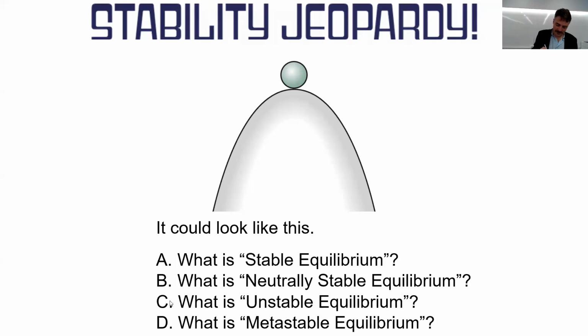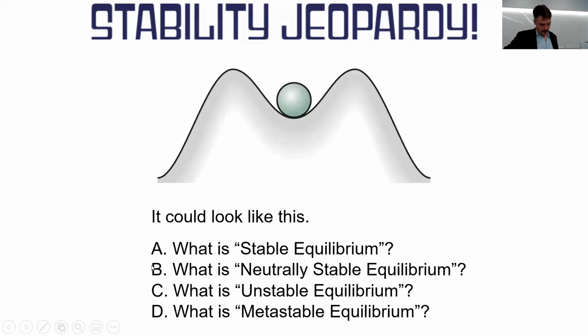Yeah, you guys got it. This is called unstable equilibrium. If you perturb it a little to the left, it accelerates away towards the left. If you perturb it a little to the right, it accelerates towards the right. It's always trying to get away from equilibrium.